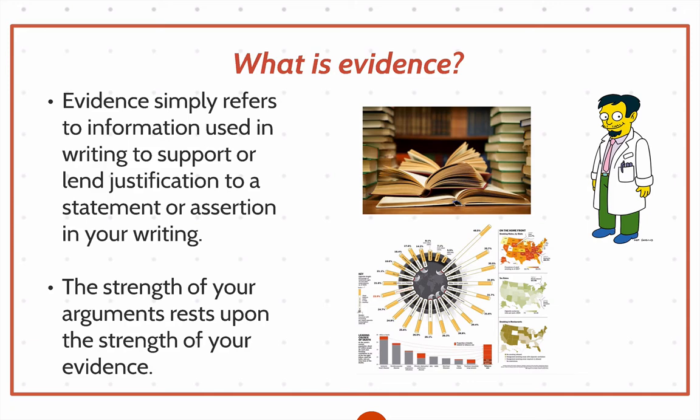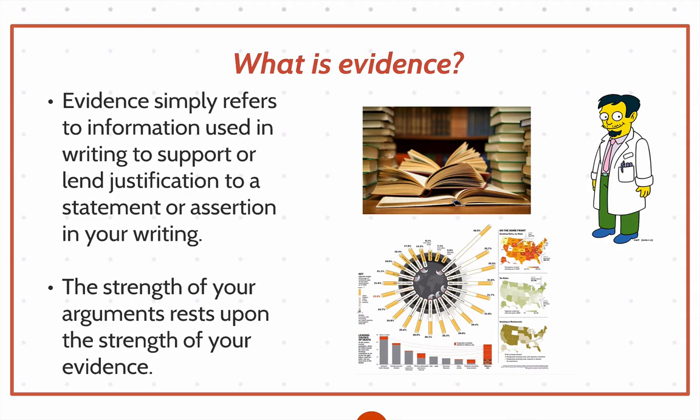So evidence simply refers to information used in writing to support or justify a statement or assertion. That could be a lot of different things. In the Honors College, because of the nature of the course, a lot of that is going to be textual evidence drawn from primary sources.